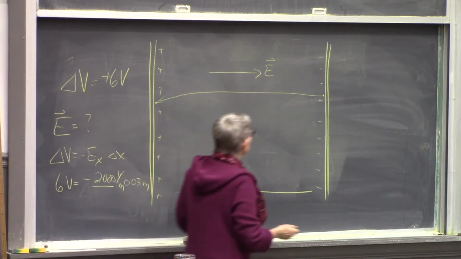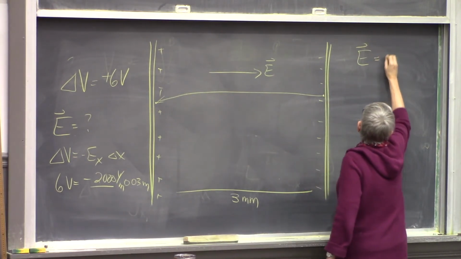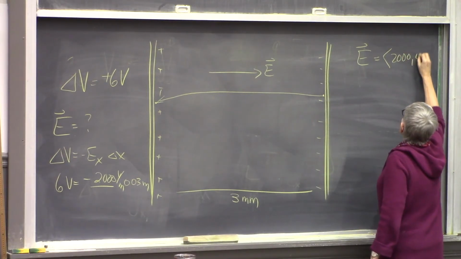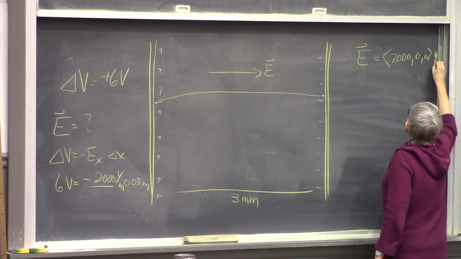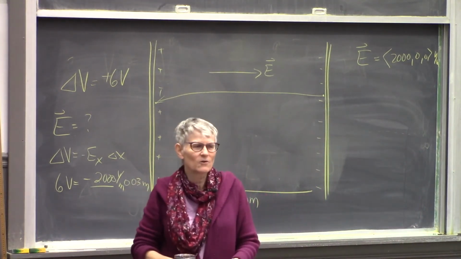So E is equal to 2,000 volts per meter. So don't forget everything we did already just because we did some integrals today.